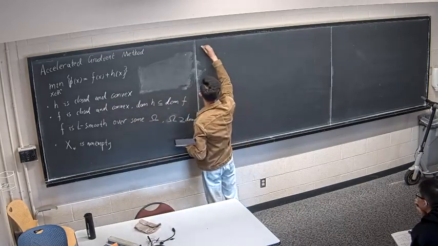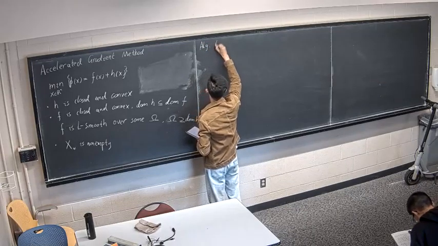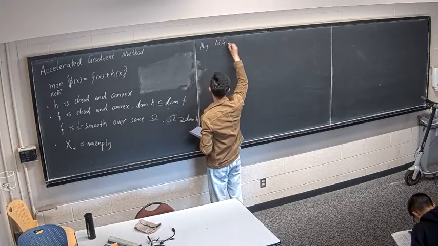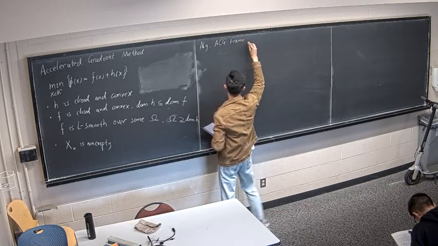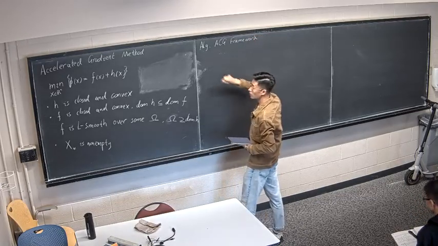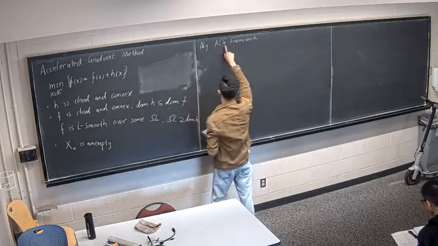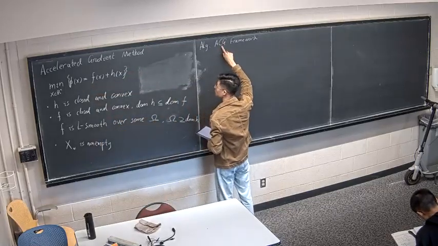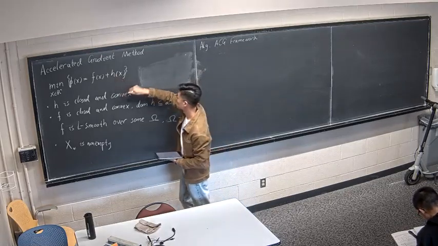Now let's see what the algorithm looks like. So we call this method ACG. Here ACG means accelerated composite gradient. C here means composite because we are solving a composite optimization problem.